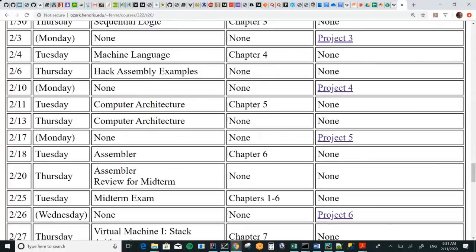The midterm will cover chapters 1 through 6. So fundamentally, I want you to be able to do stuff like, if I give you a truth table, design a circuit. I want you to be able to give short answers that describe how memory works, how a CPU works, that kind of thing. So I'll be assessing whether you've internalized the lessons I was aiming for you to gain from chapters 1 through 6.